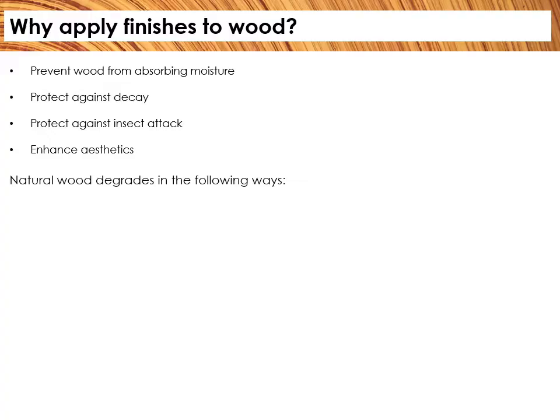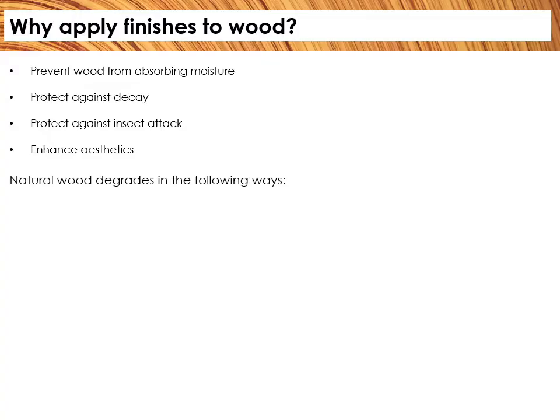Why do we actually apply finishes to wood? So wood's obviously a porous natural surface, and you have already put wood at this point through its seasoning process. So remember in the performance characteristics of wood, we spoke about making sure that the moisture content, and wood is mostly 80 to 90% water when it is first felled or cut down, and you need to remove as much of that moisture as you possibly can through seasoning.